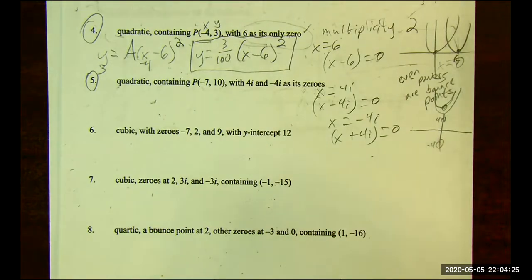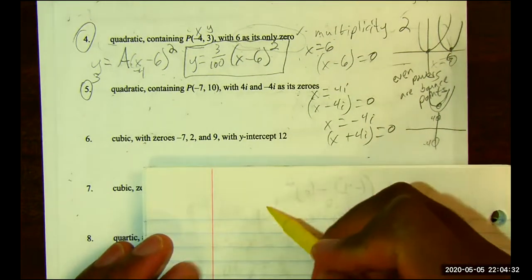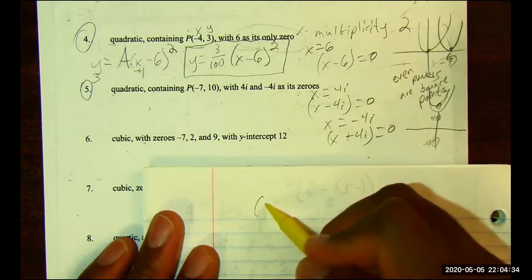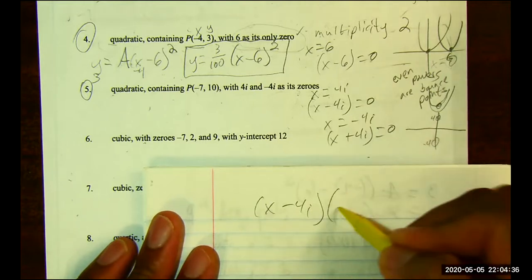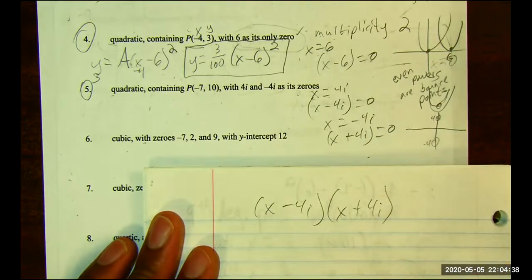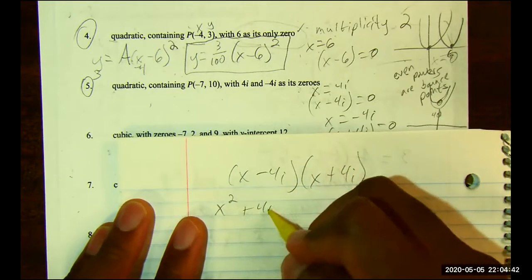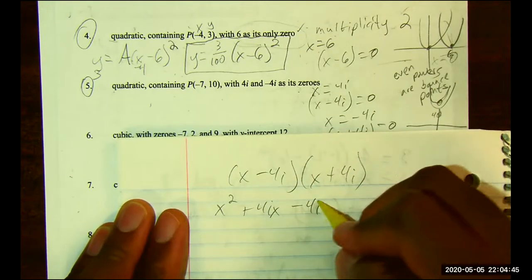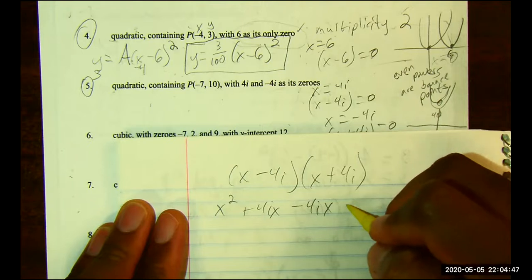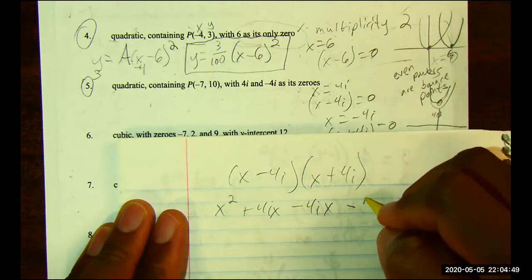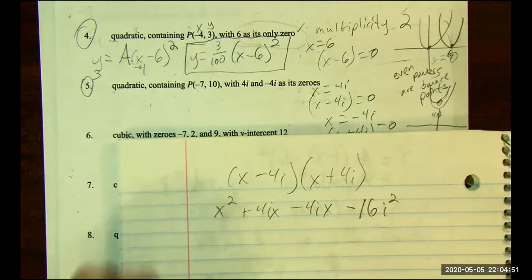I'm going to FOIL this just so you see that when we multiply this out, those imaginary numbers definitely disappear. They're sort of hidden, but they're still there. So we have x minus 4i times x plus 4i. FOIL: x squared, the outer and inner terms cancel out because they're opposites, and then -4 times 4 is -16, i squared.